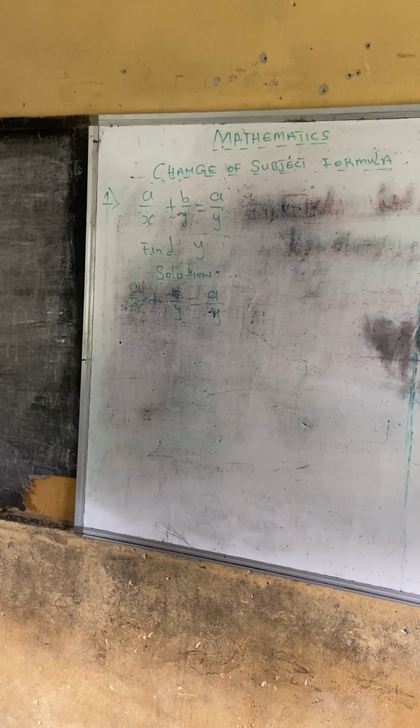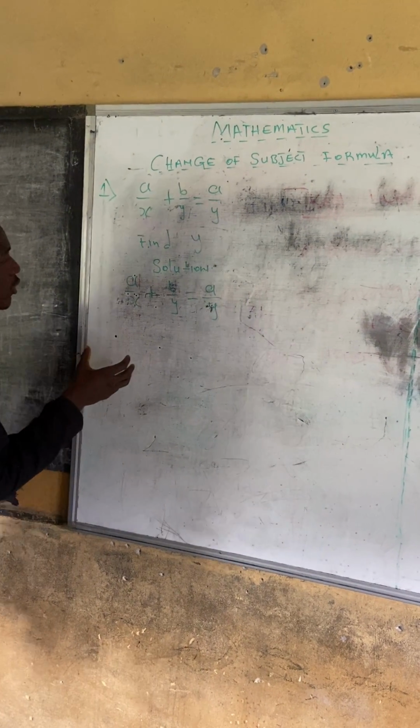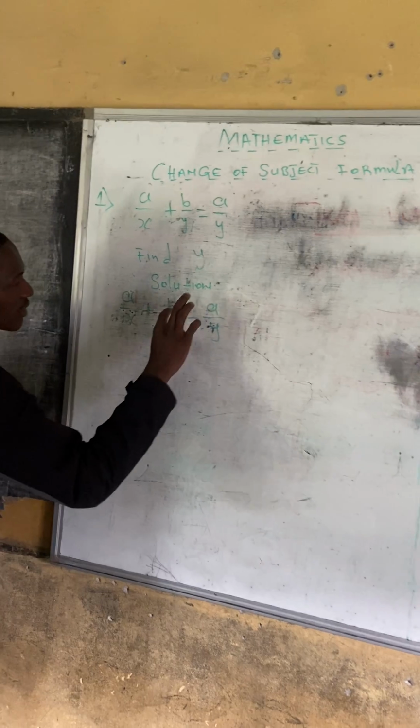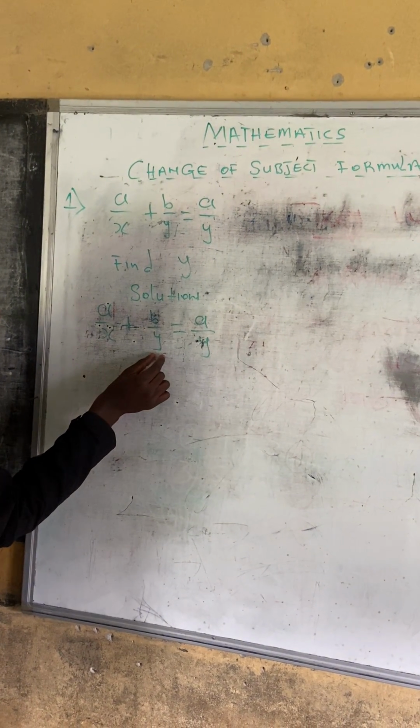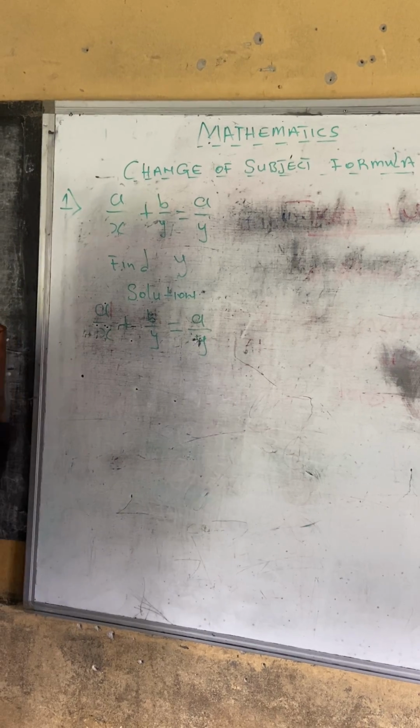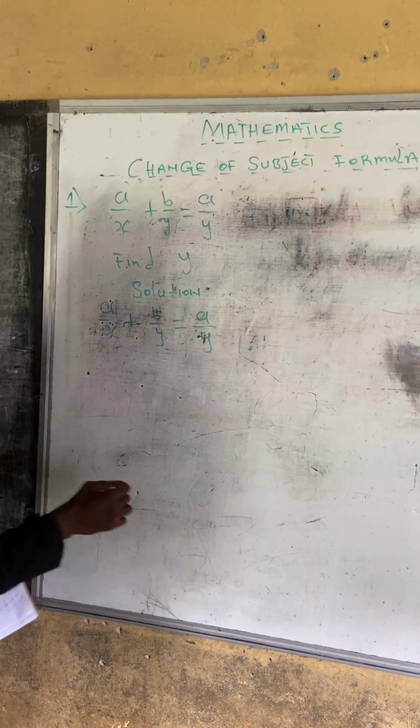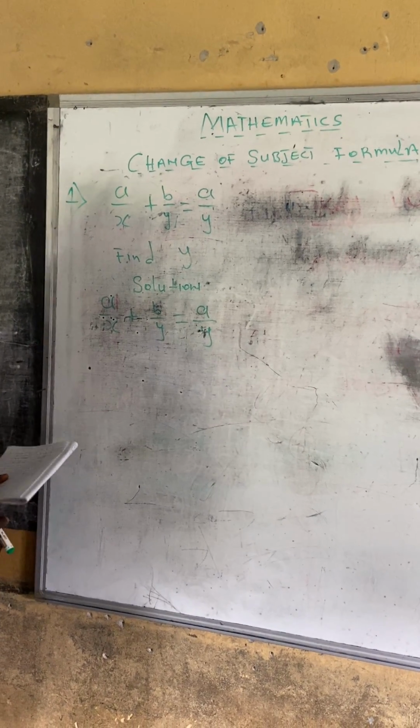The next thing to do here is we are going to take this one to this side because it has y in the denominator and this one also has y in the denominator. So we are going to take these two to the right hand side.